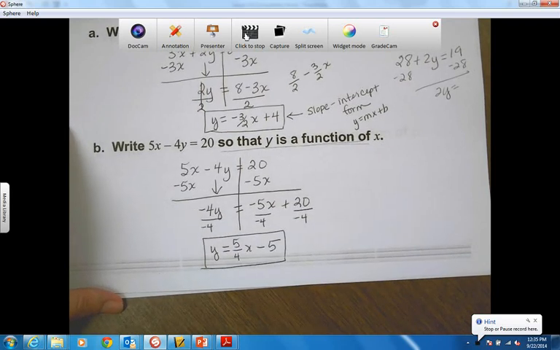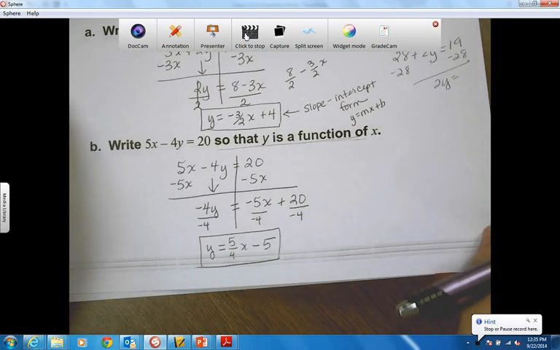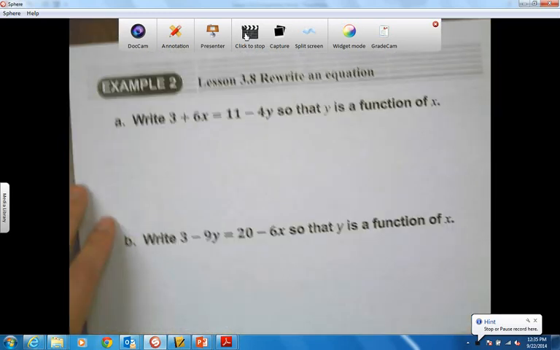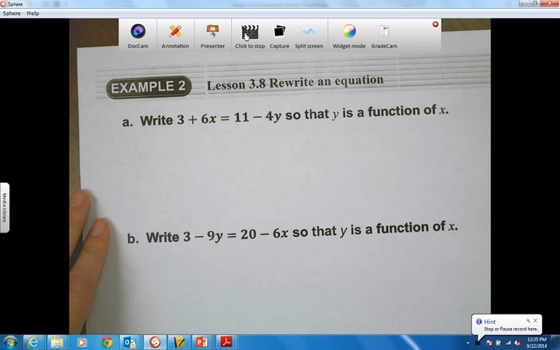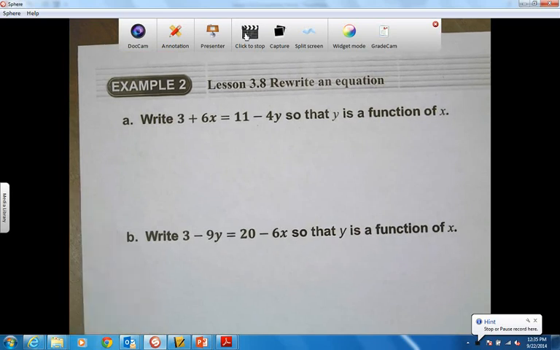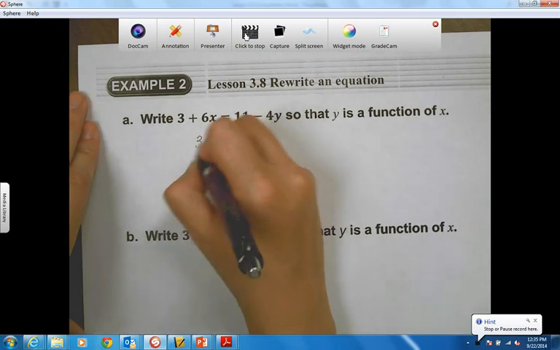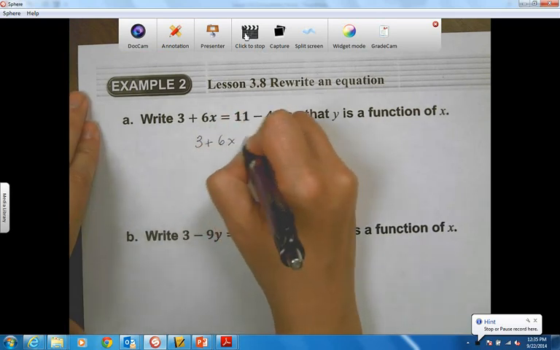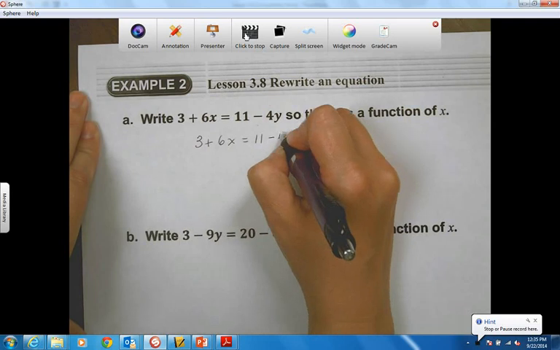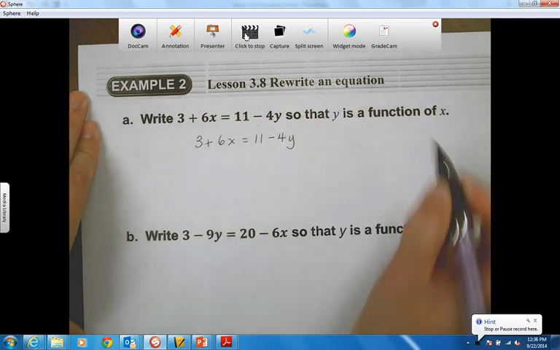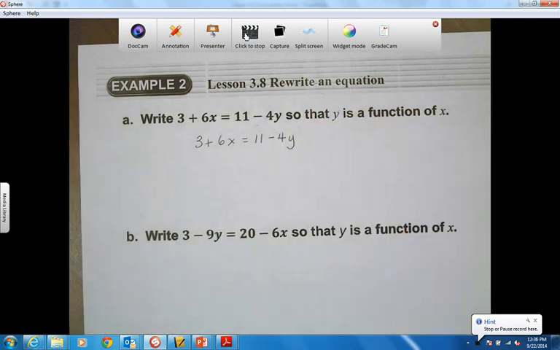So here's our problem. All right, and we're getting y by itself, so what do we need to get rid of? The 11, because it's on the same side as the y.